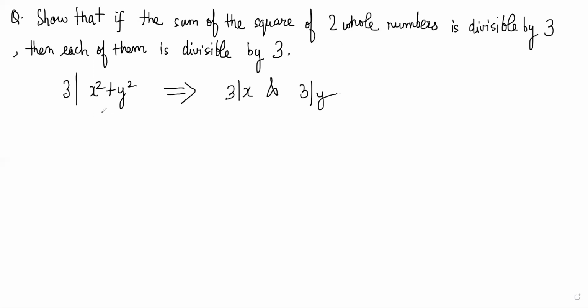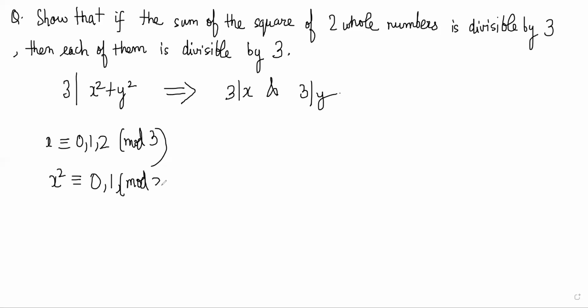So you can say that x can be 0, 1, 2 mod 3. So x square will be 0 or 1 mod 3, and similarly, y square will also be 0 or 1 mod 3.